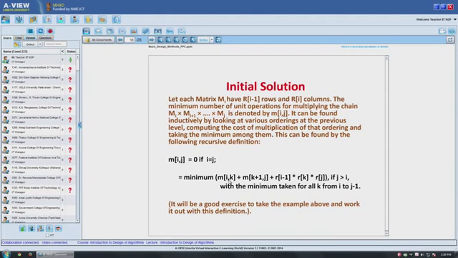Otherwise, you look at all options, Mi to Mk and Mk+1 to Mj, plus the cost of multiplying them, varying k from i to j minus 1, and among them you take the minimum.